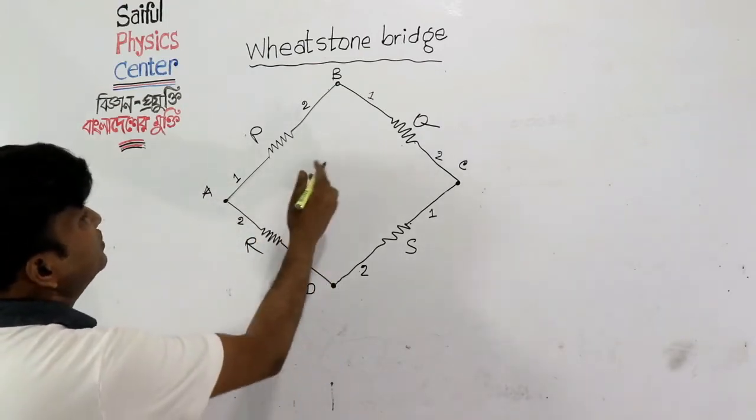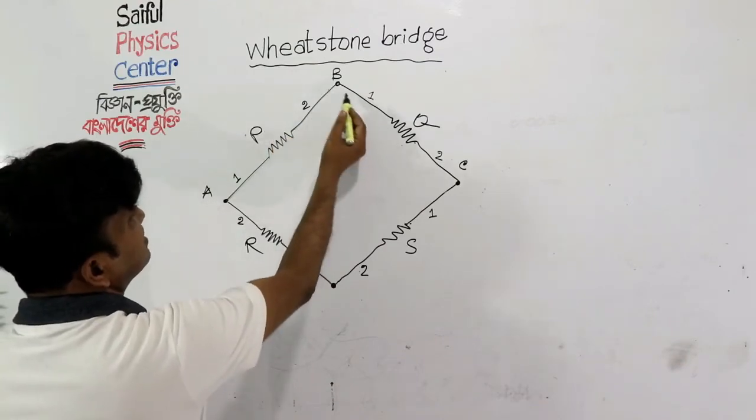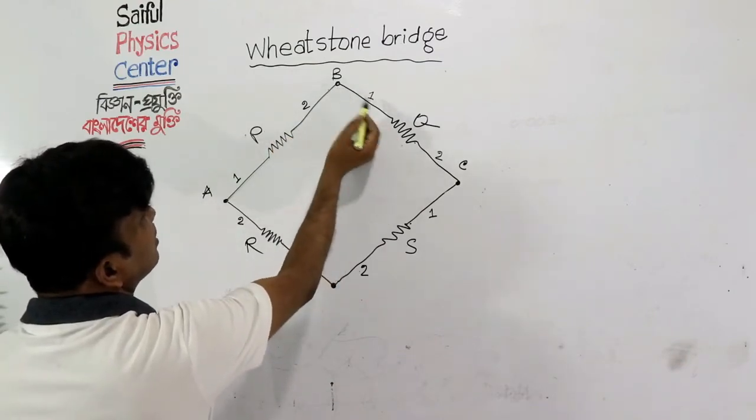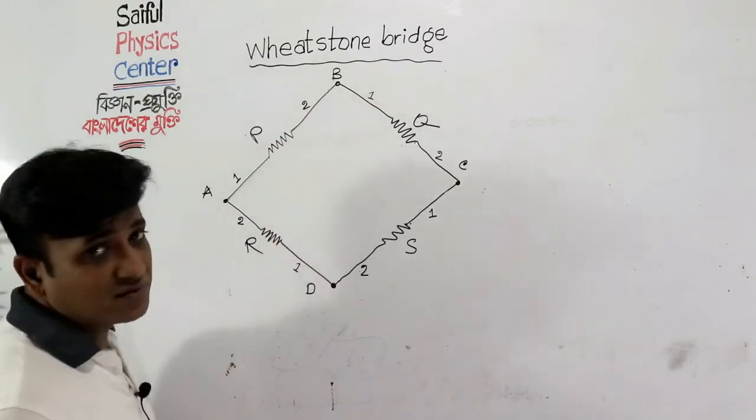Similarly, this leg is the first leg of resistance Q and this leg is the second leg of Q. Again, this leg is the first leg of resistance S and this leg is the second leg of S. So the second end of P is connected to the first end of Q. That's why it is series.